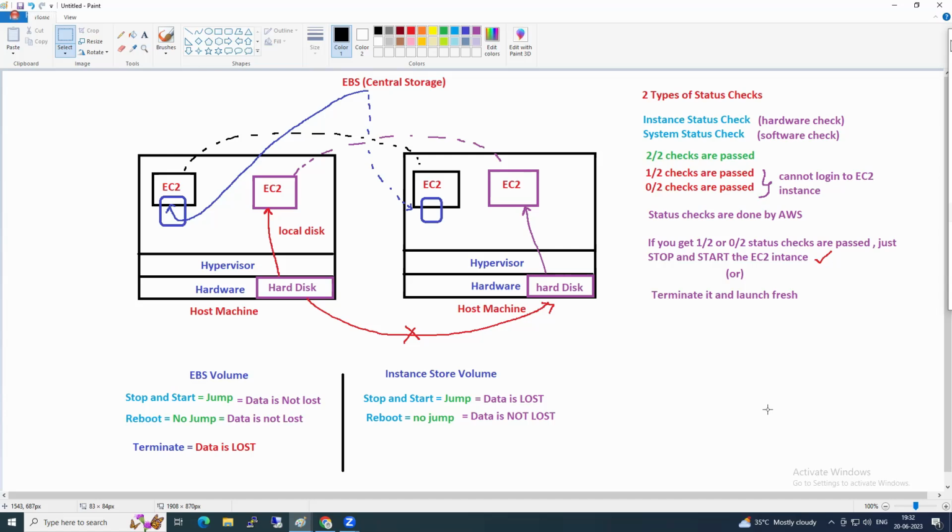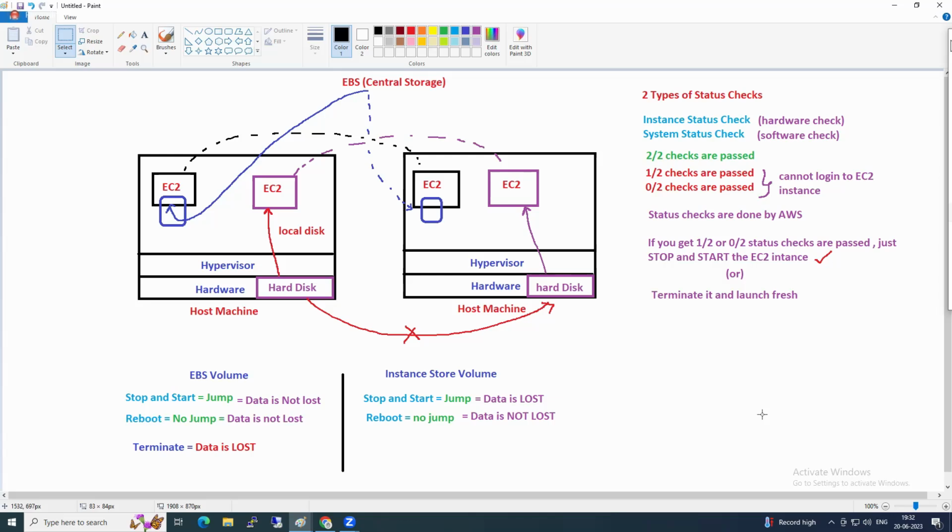Instance store volume is attached locally, immediately to the machine. Now tell me which will give super high performance? Instance store volume only, no? That is a certification question. So if you need super high performance, which volume should you use? Instance store volume.